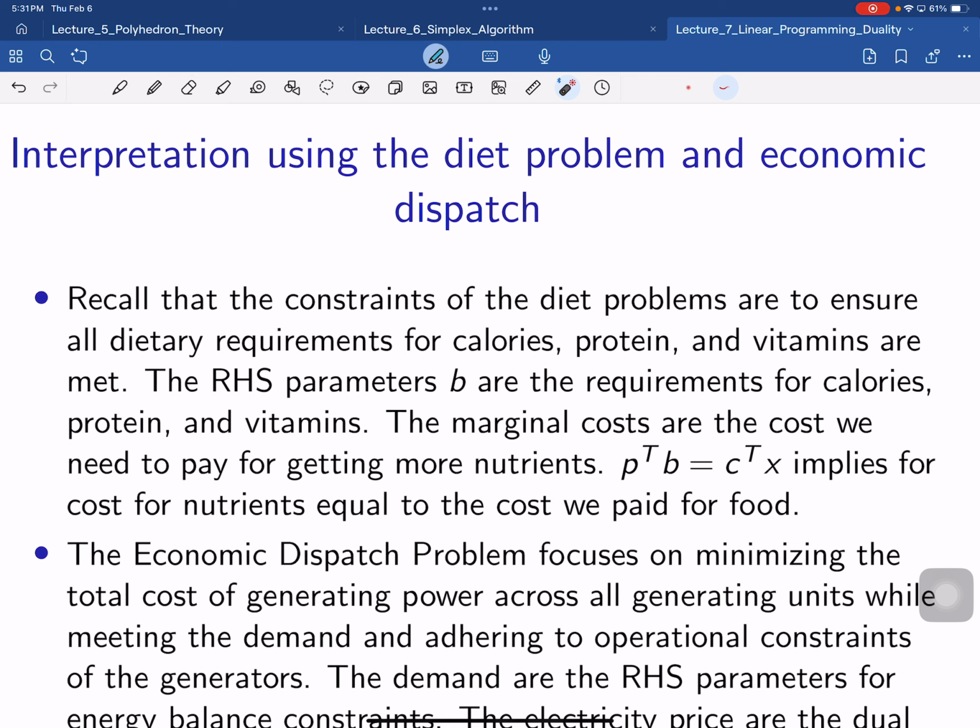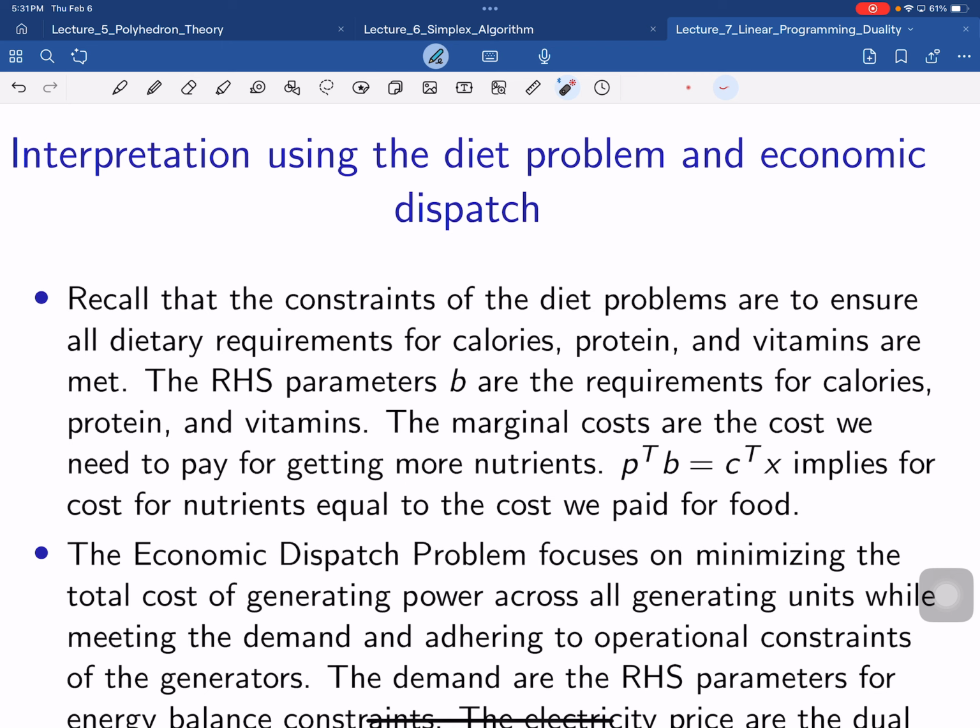That's C transpose X. And if you interpret that problem from the dual perspective, then this dual variable means the marginal cost, the additional cost you have to pay. Let's say if you want to increase the calories by a little bit, how much additional cost you have to pay?